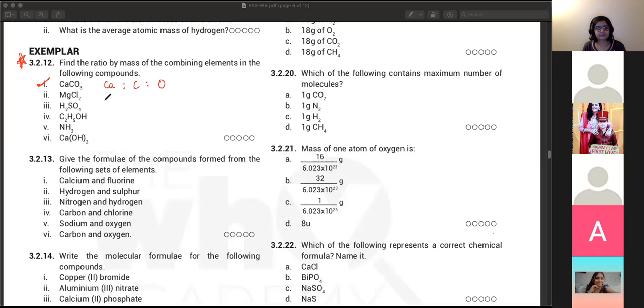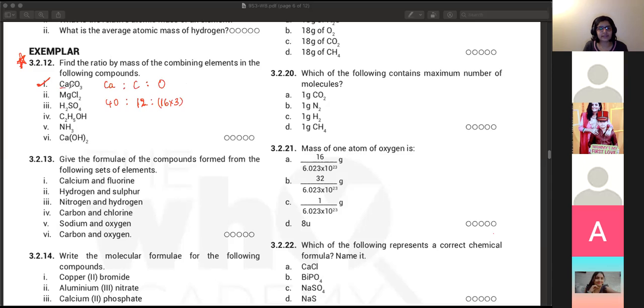So Ca has a mass of 40 u, carbon is 12, and O3 is, what is the mass of O? 16. So 16 into 3 is, yes ma'am, 48. Solve it. 48. Okay.